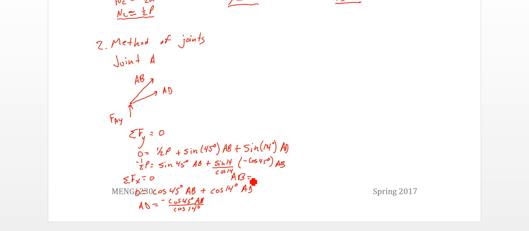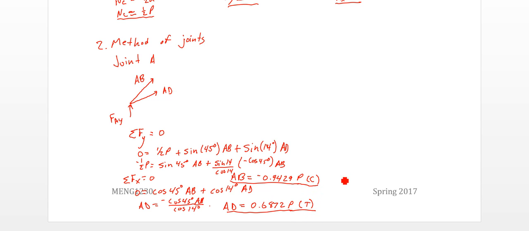If we substitute values at this point, we find AB equals negative 0.9439 P. So there's AB in terms of P. Substituting that into AD, AD equals 0.6872 P. And our directions there, AB is going to be in compression, AD is going to be in tension.